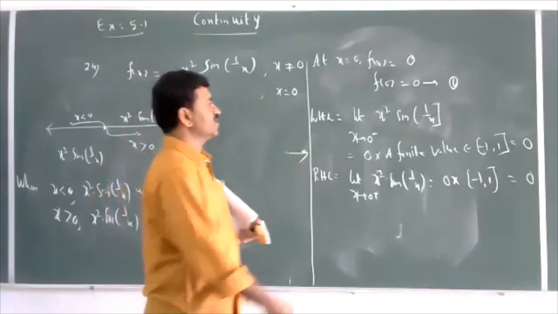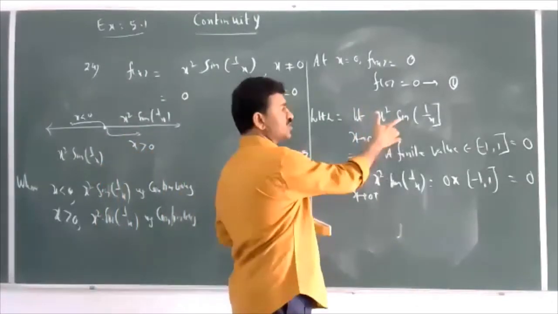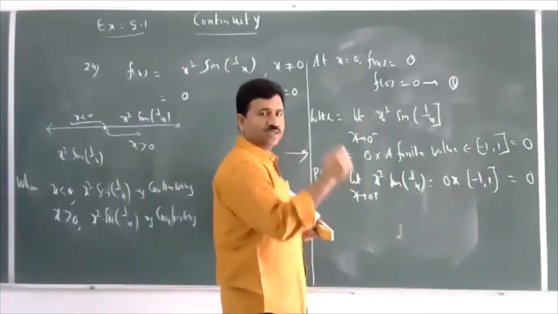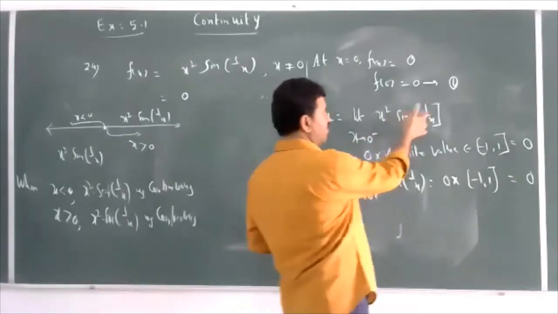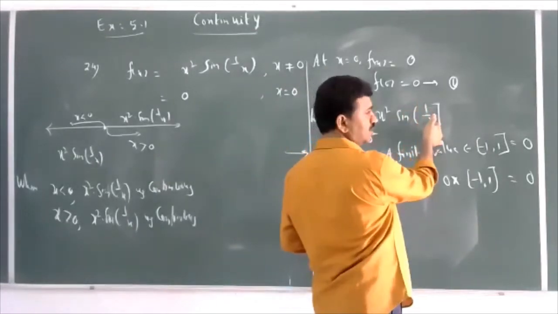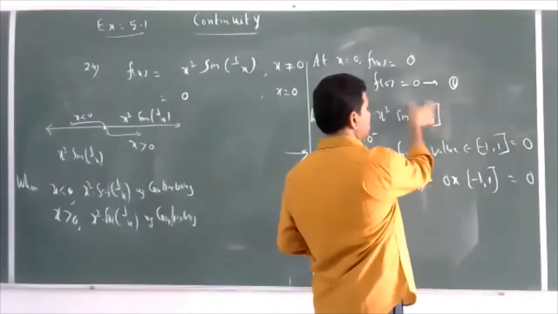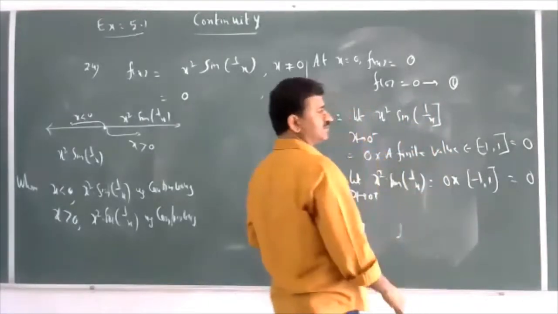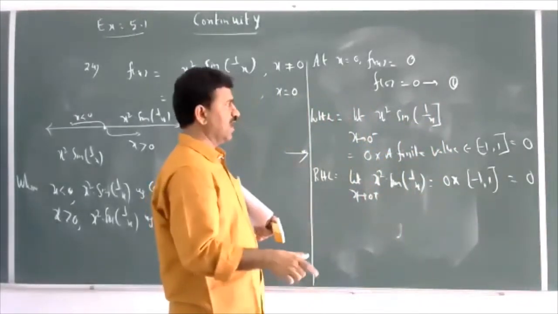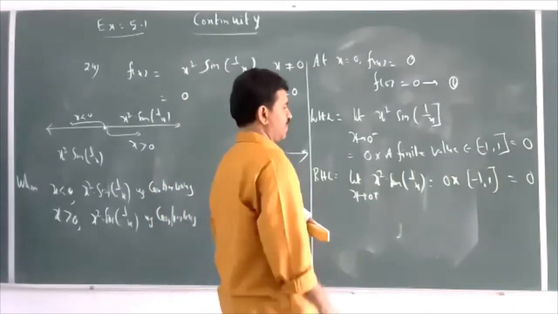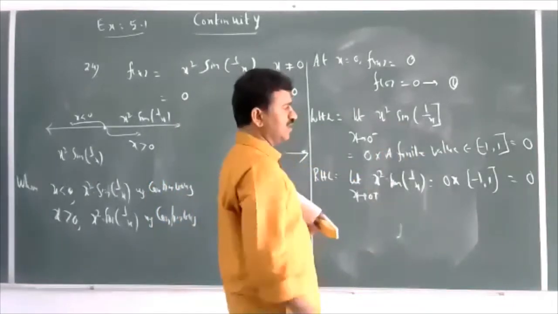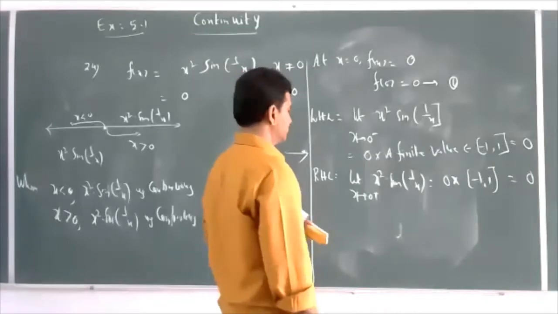There is no standard limit or limit procedure to solve this problem, only substitution. Sine of 1 by x, you should not write as 1 by 0; the value is not known, so 0 into a finite value is always 0.